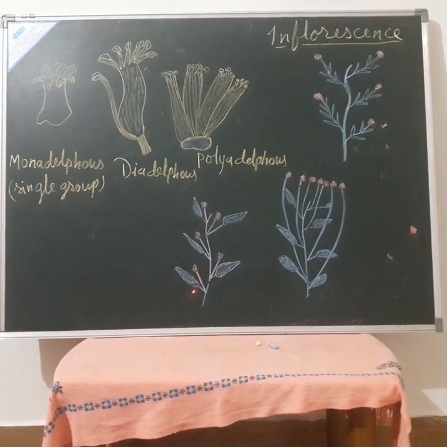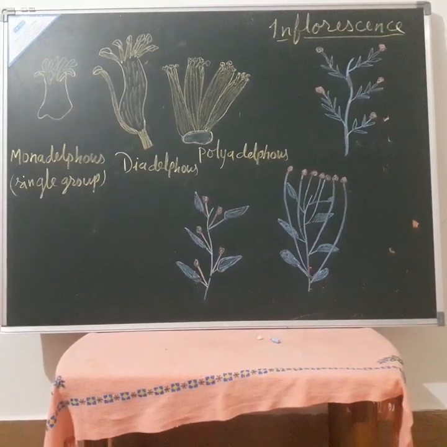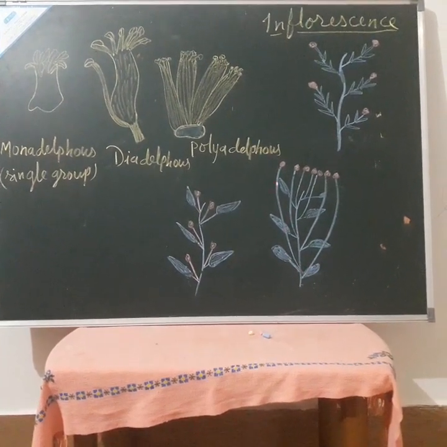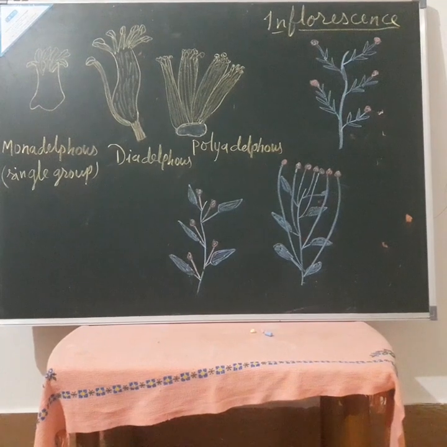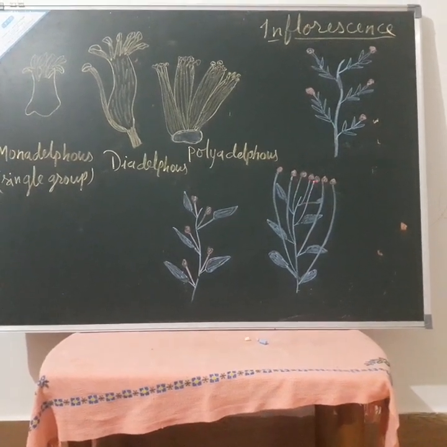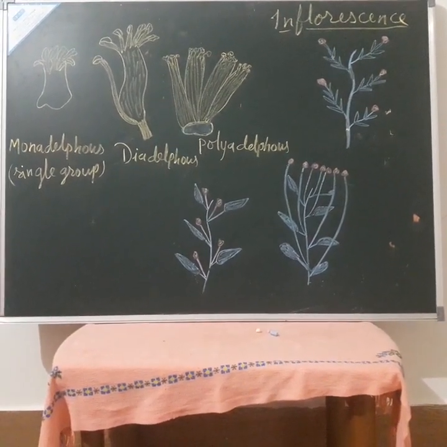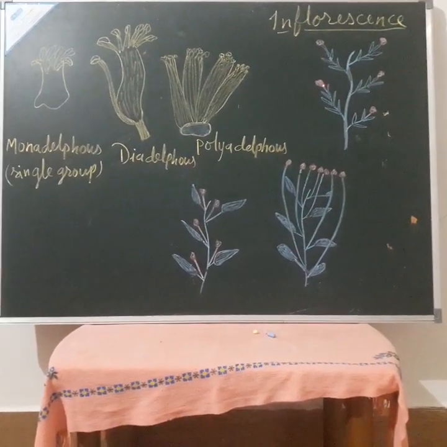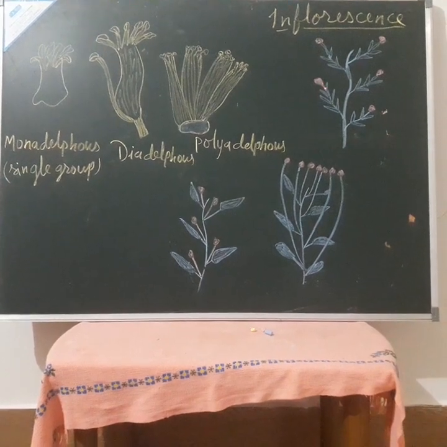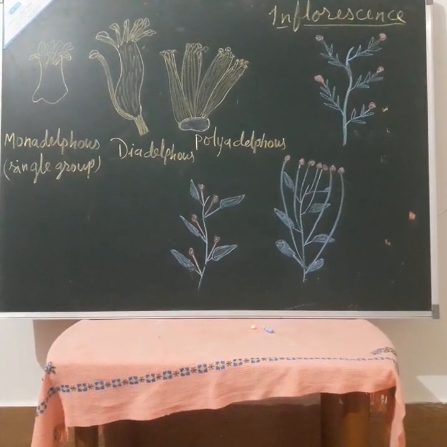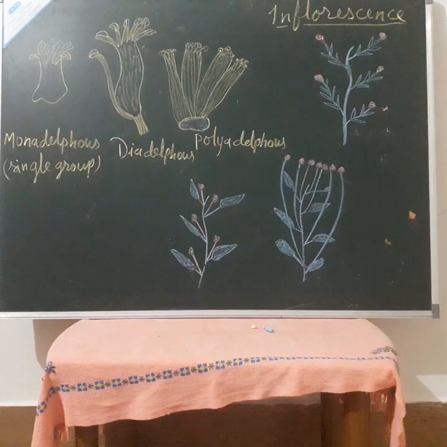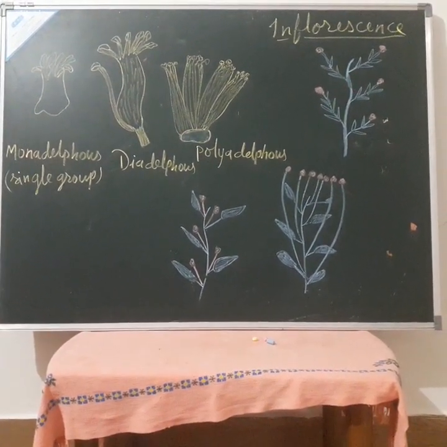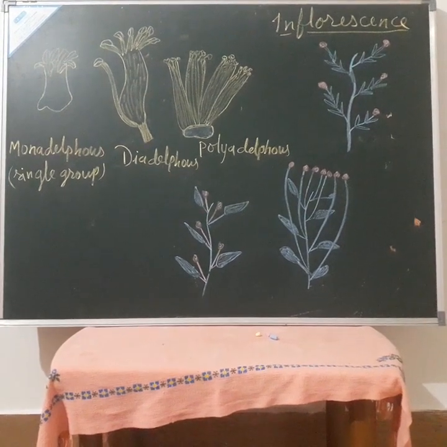This is one type of arrangement. This is another type of arrangement: flowers arising from the leaf axil reaching the same height. Here you can see the flowers arising from the terminal tip of the branch, from all the branches. So different arrangements of flowers are known as inflorescence.